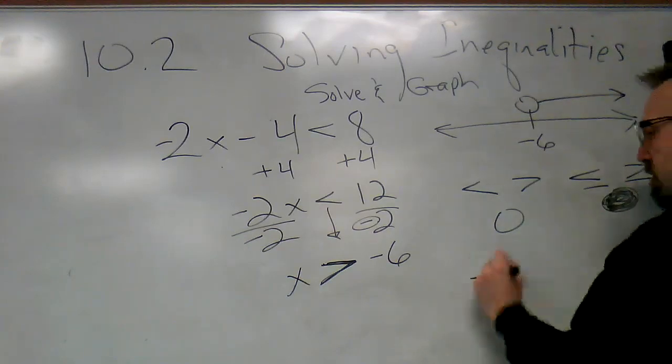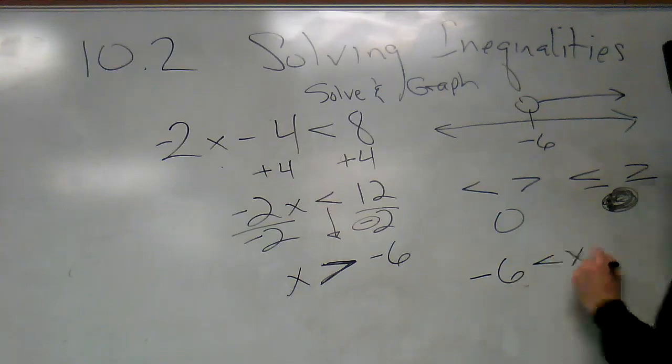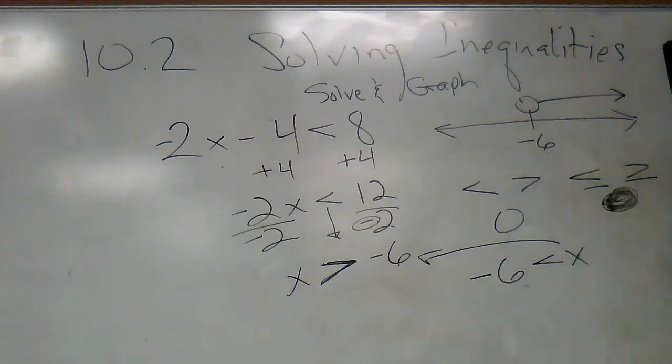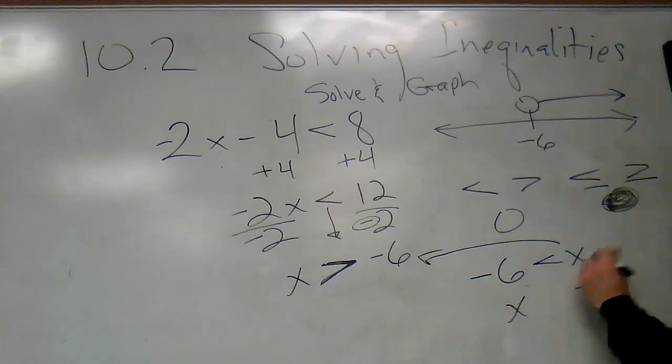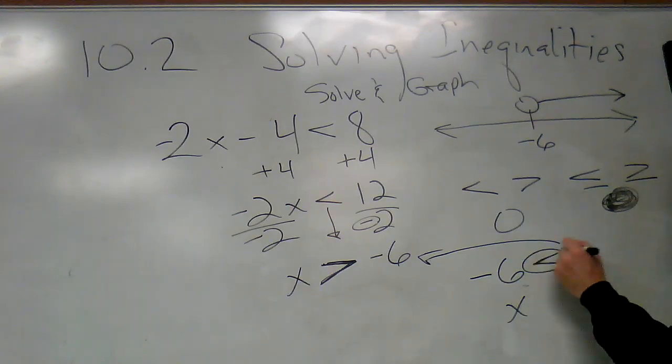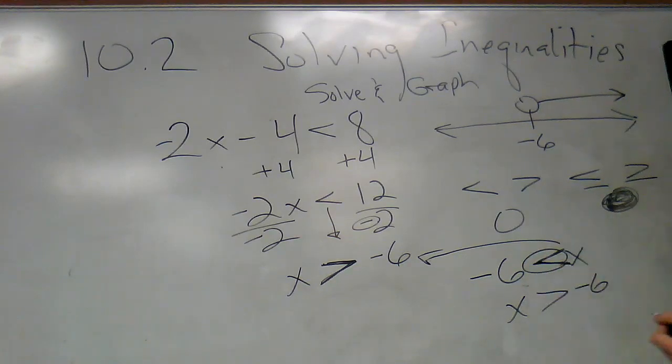But let's say we had solved it and it came out like this. Always try and go back to this order because that makes it so much easier to graph. So we flip everything around, but if we flip everything around, we also have to flip this. You notice how it was around x? It still needs to be around x. So that's how we would flip it. In other words, if we had this one, if we flip everything, this is facing open to the 8, so it again is open to the 8, so we flip the order.